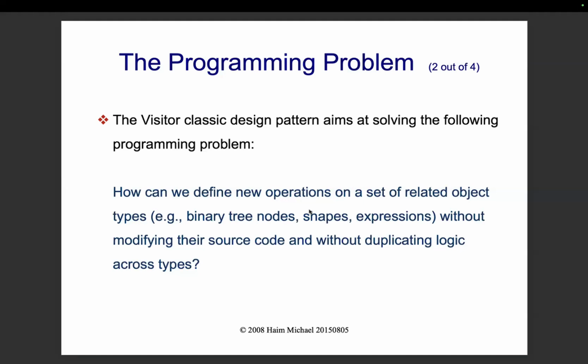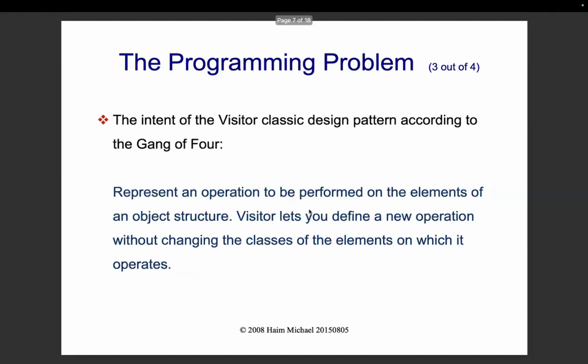So in bottom line, without changing the code of those classes from which the objects were created. Well, if you check the Gang of Four book, this is the text you can find. This is the intent for which the visitor classic design pattern was developed.